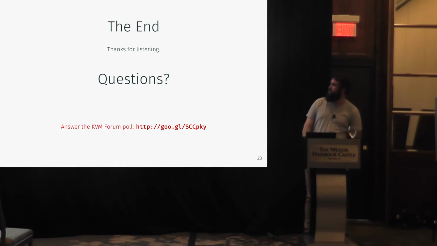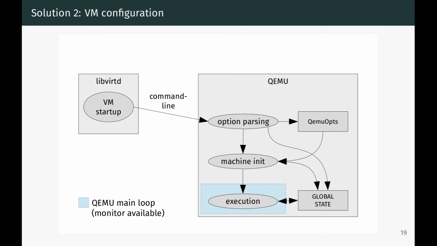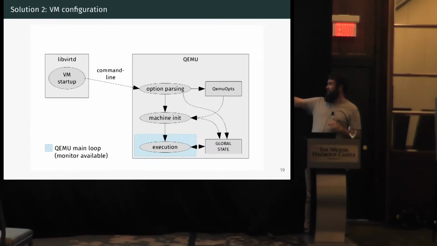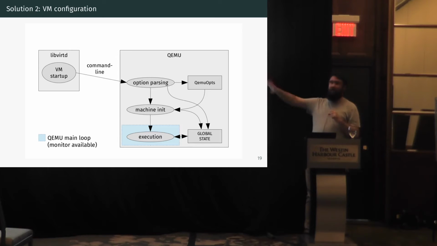Yeah, I just wanted to illustrate that. I didn't mention it, but this is one difference here. Today, when you're configuring the machine, option parsing affects lots of global state, meaning there are global variables everywhere, and you don't know where they are.